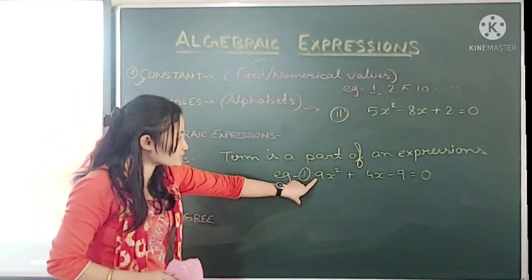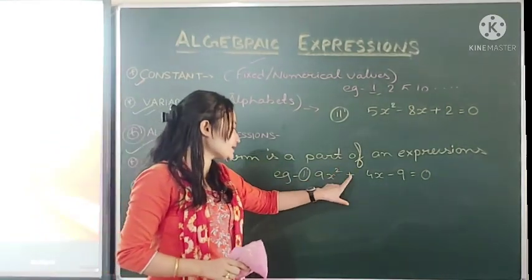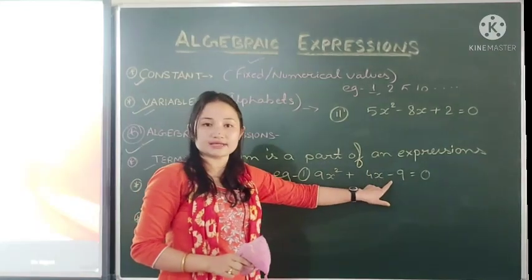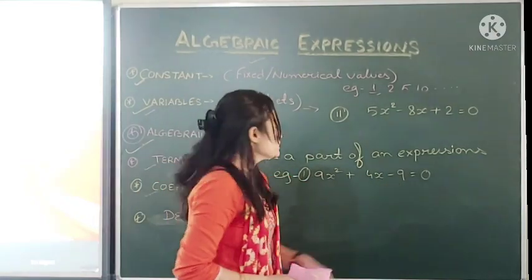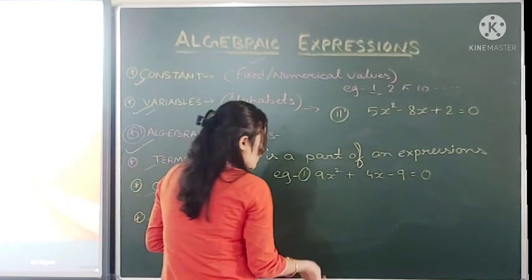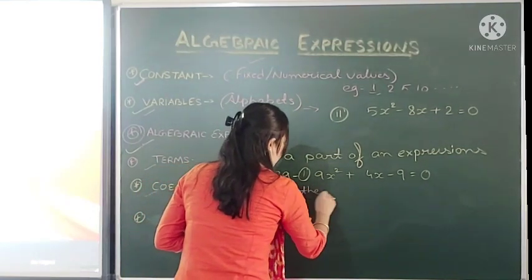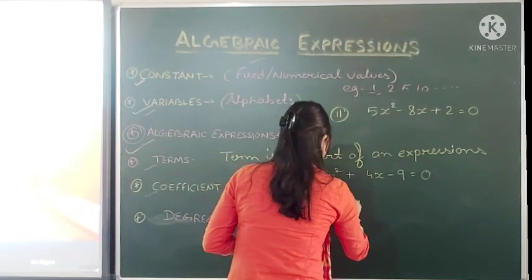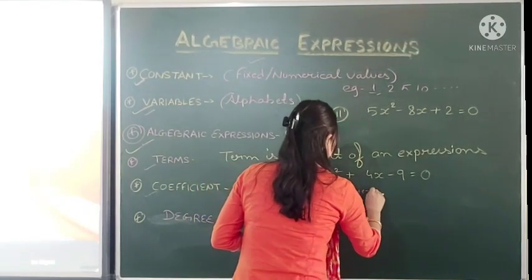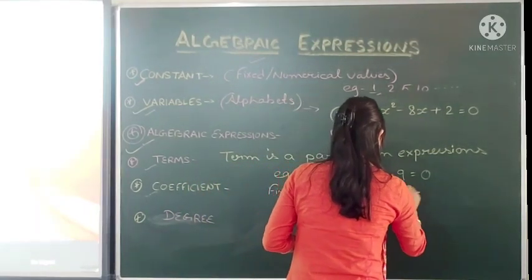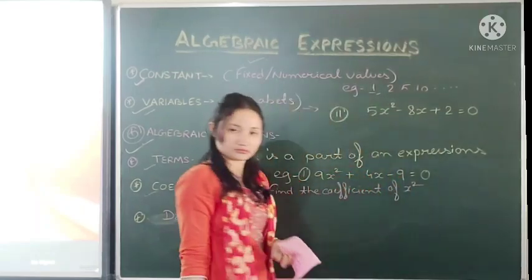In this expression we have 9x square plus 4x minus 9. Suppose we have to find the coefficient of x square.